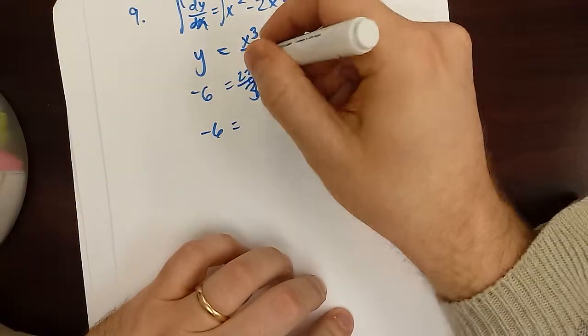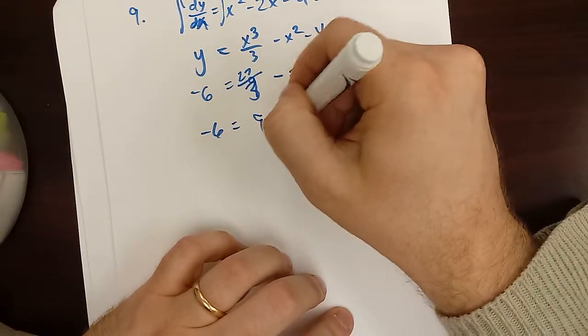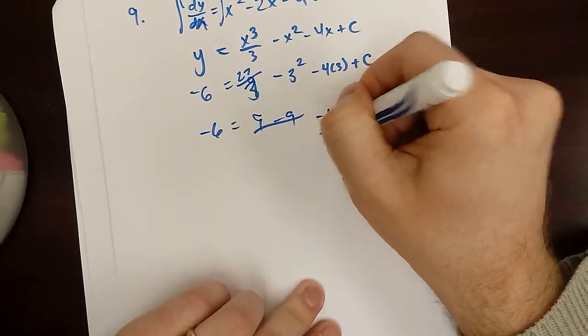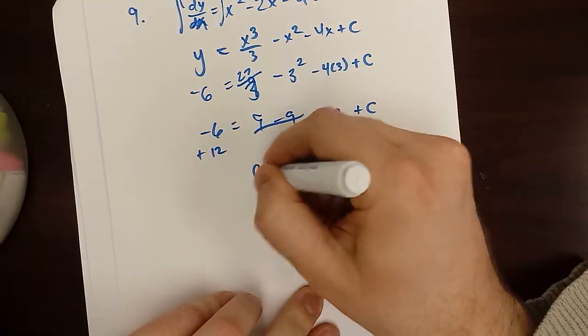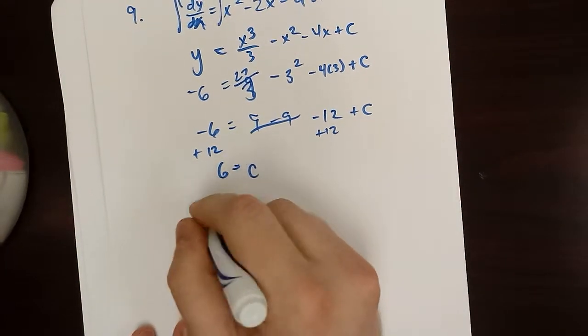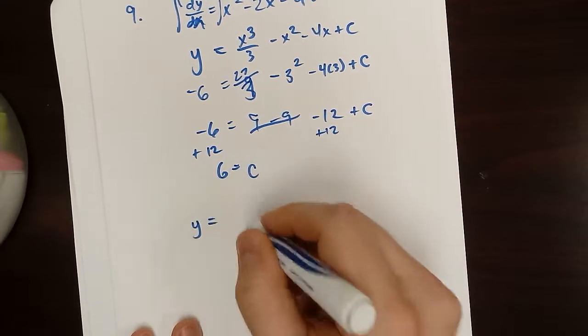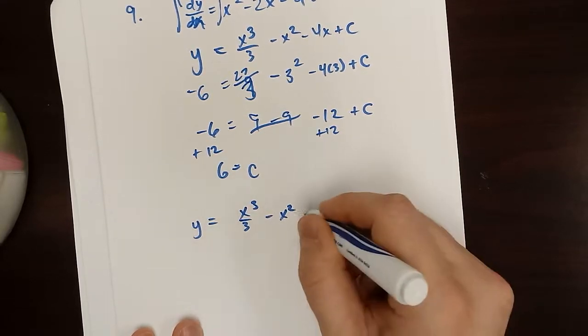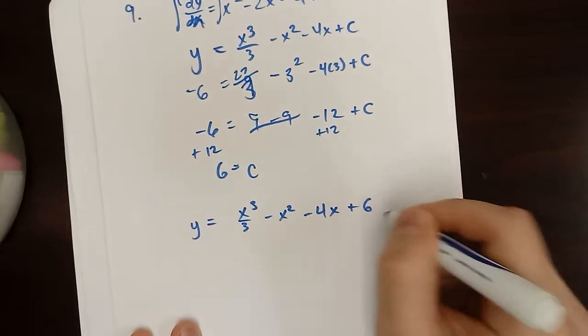Let's see, -6, 27 over 3 is 9, minus 9, oh cool, they cancel, minus 12 plus c, so I'll add the 12 to both sides and get that c is equal to 6. So, final answer is that y is equal to x cubed over 3 minus x squared minus 4x plus 6.